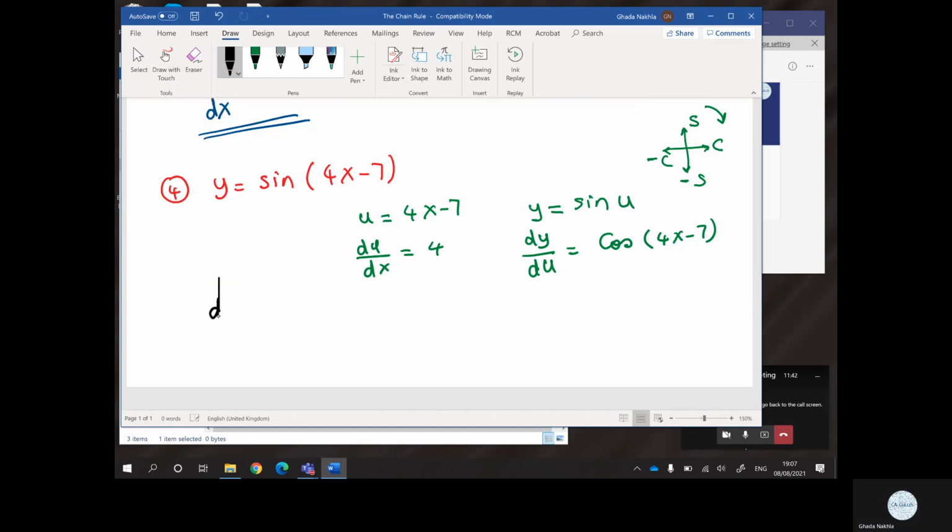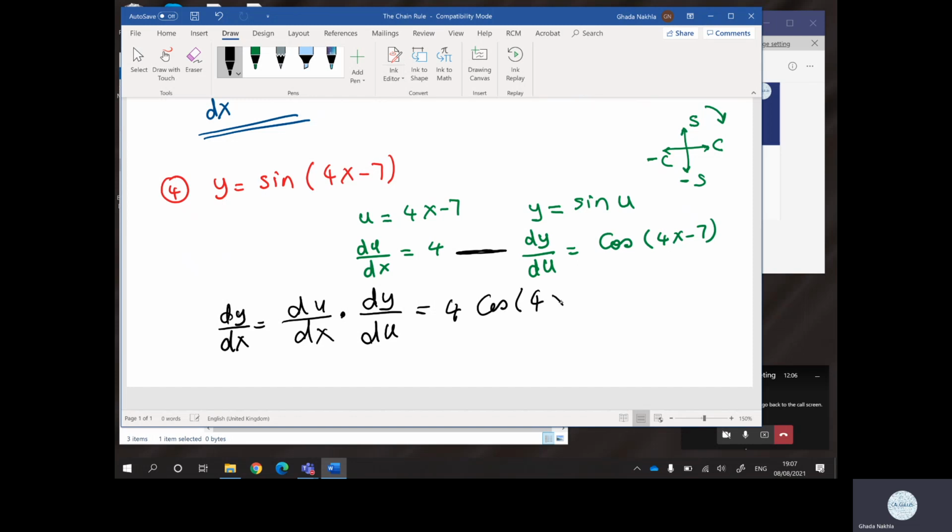So dy by dx is equal to du by dx multiplied by dy by du, which is equal to 4 cos 4x minus 7. And that's the derivative of sine 4x minus 7. Let's take a look at something slightly harder.